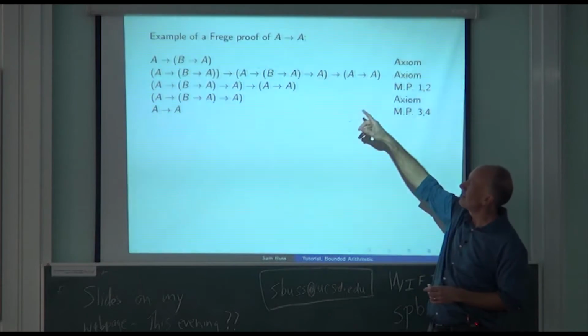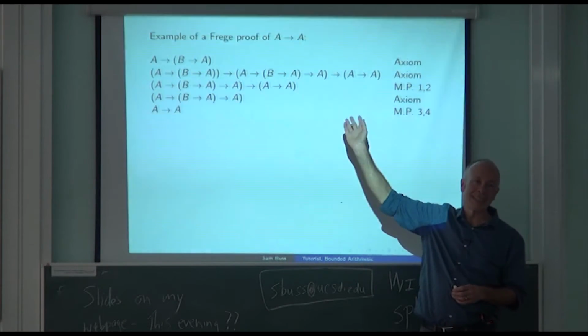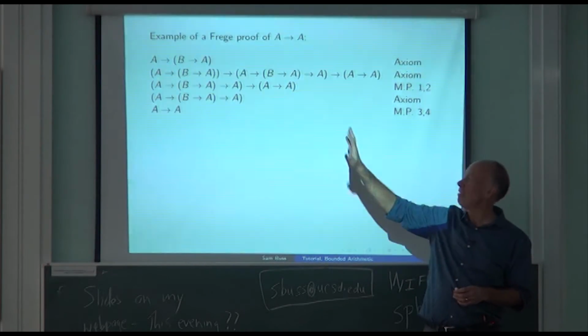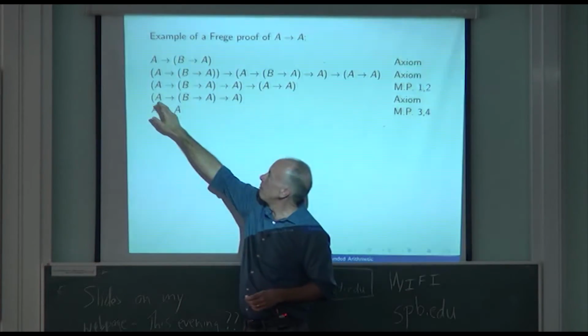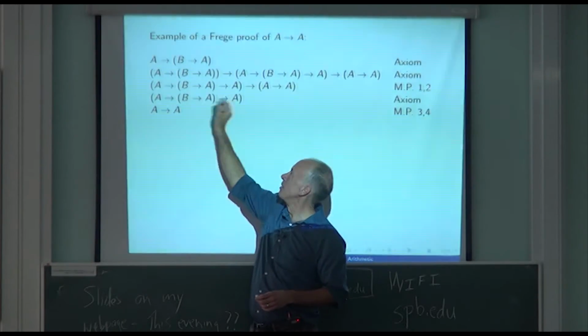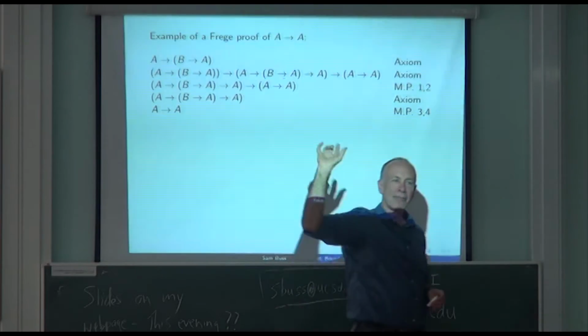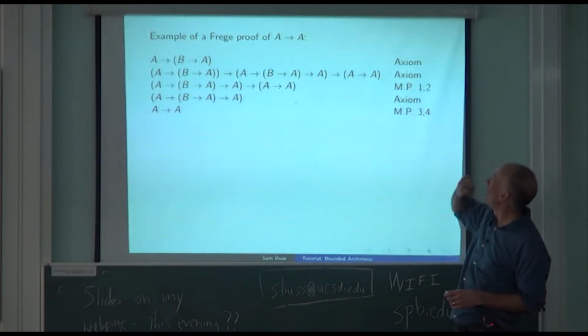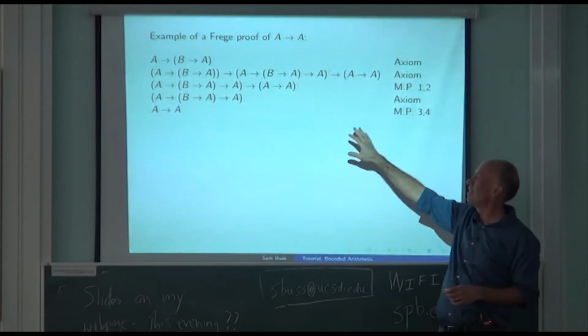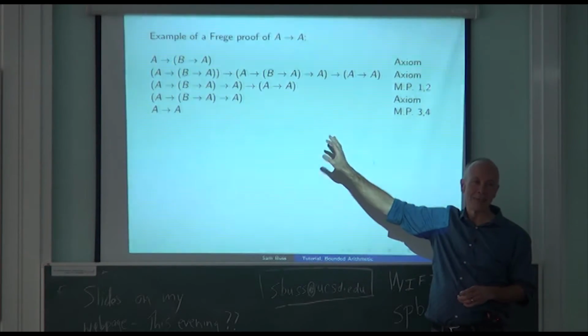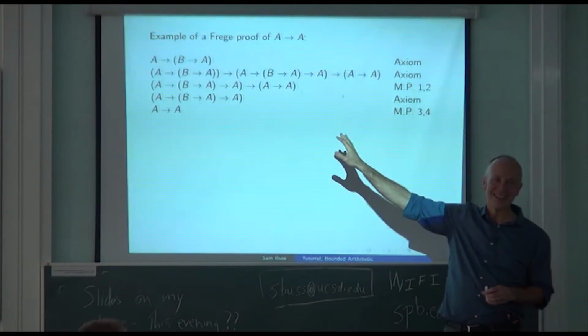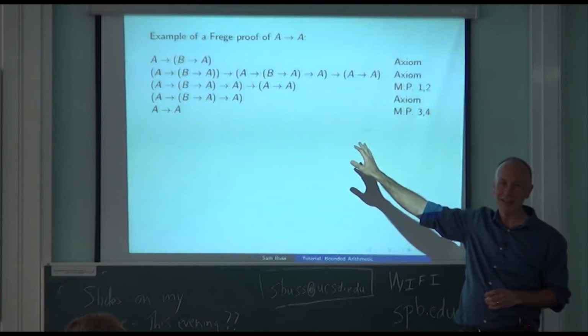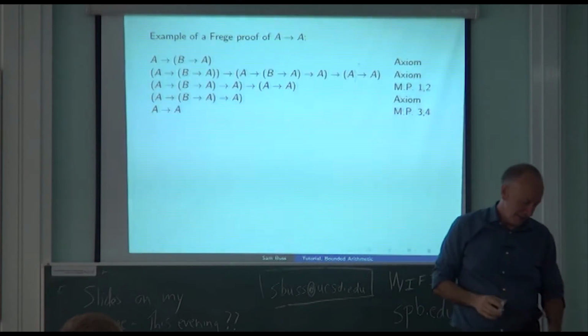We've got certain types of axioms, like A implies B implies A is an axiom. Actually, you can substitute any formula in, so like A implies some subformula implies A. That's also an axiom. It's a schema. I can substitute any formula in, it's still an axiom. And I've got a couple uses of modus ponens, and there's our crystal clear, understandable proof of A implies A. Okay, so it's a bit of a mess, but it works okay.